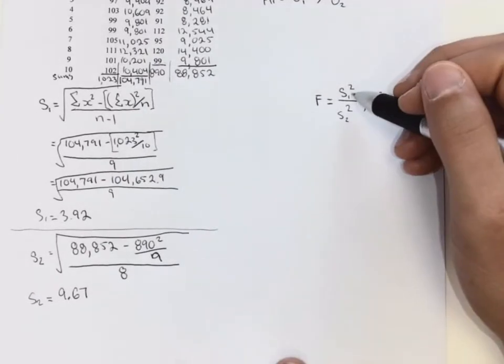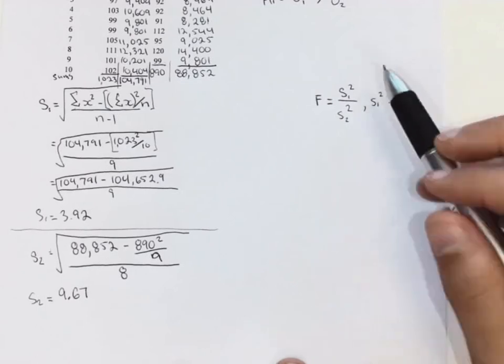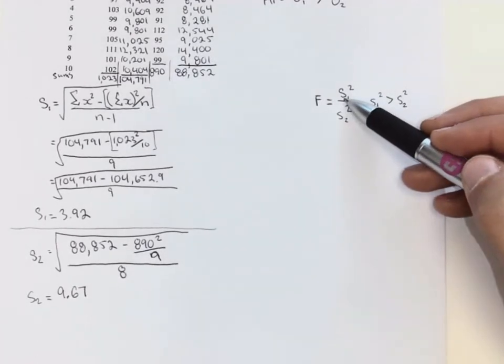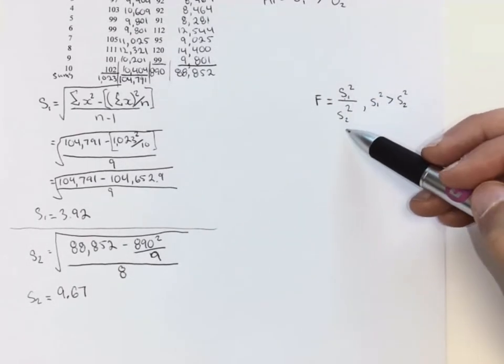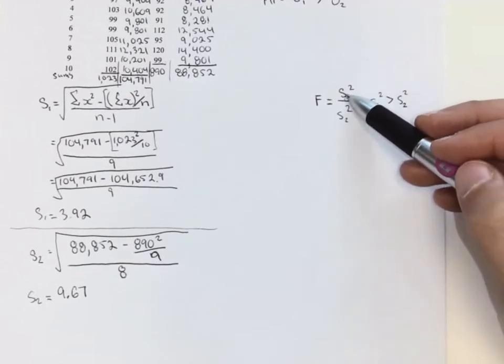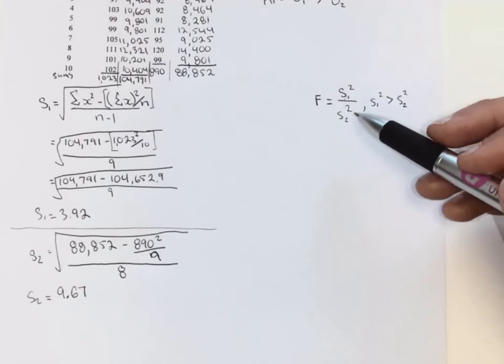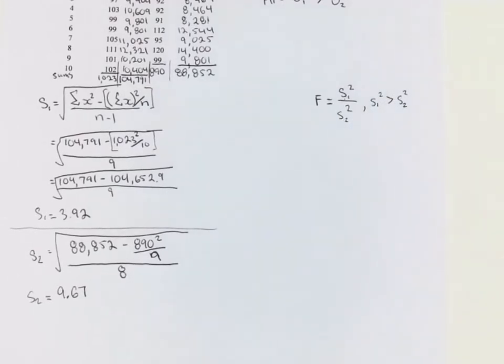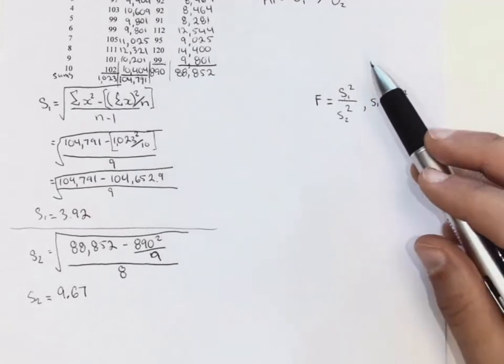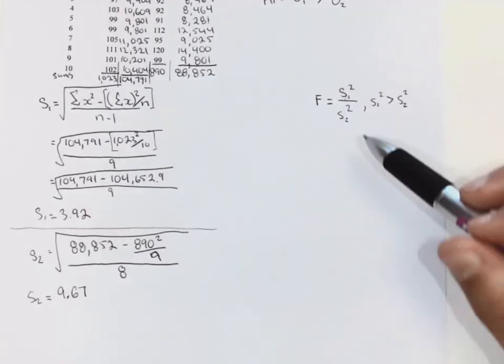So F equals S, our standard deviation squared, so our variance, Sam variance divided by Eli variance. Now our Sam variance is 3.92 and our Eli variance is 9.67. But if you remember me saying at the beginning, we always switch, so the higher number is on top.